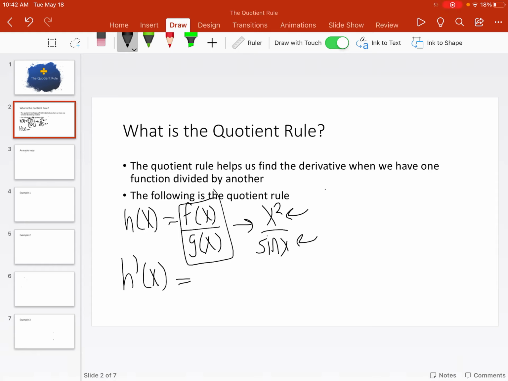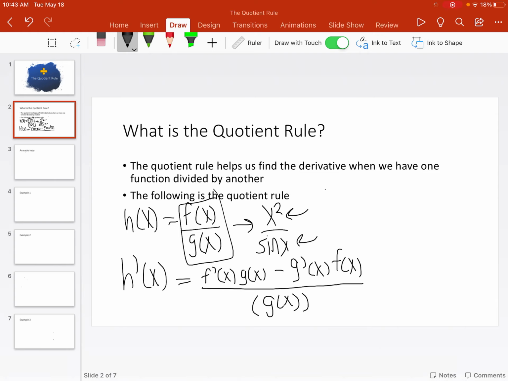The quotient rule says f prime of x, the derivative of the numerator, times g of x, the denominator, minus g prime of x, the derivative of the denominator, times f of x, all divided by g of x squared, gives us h prime of x. This is the quotient rule.